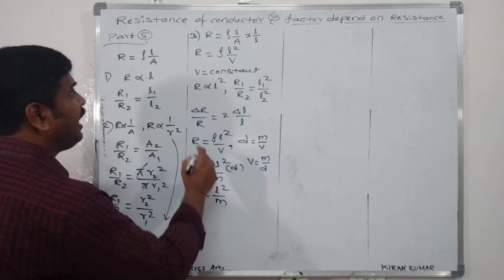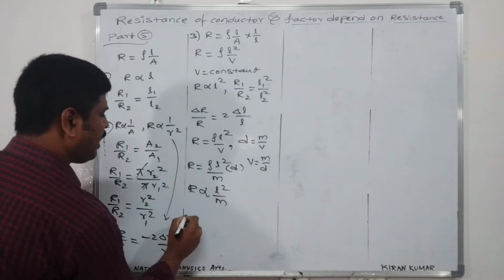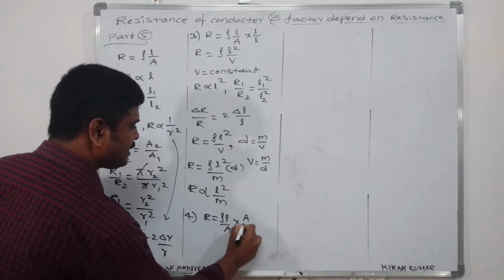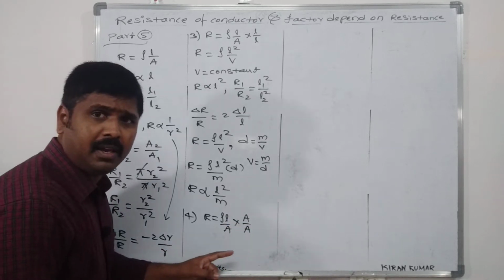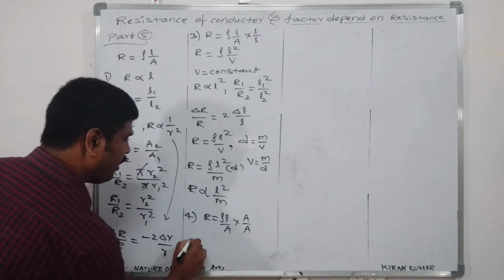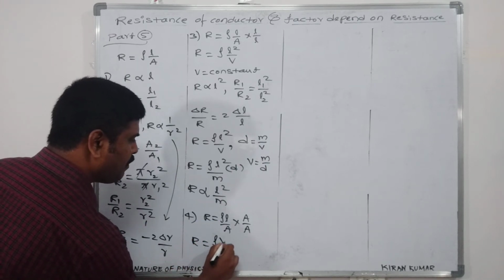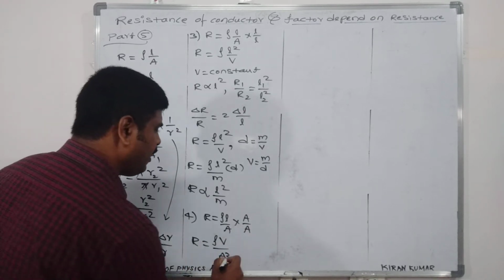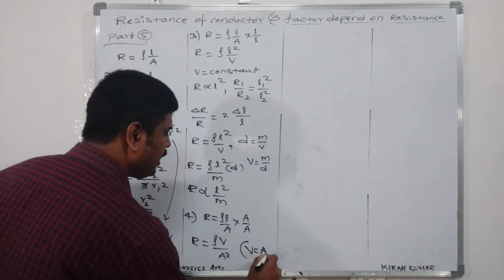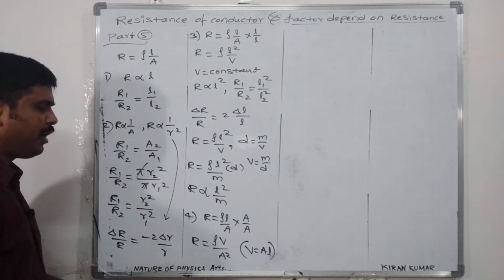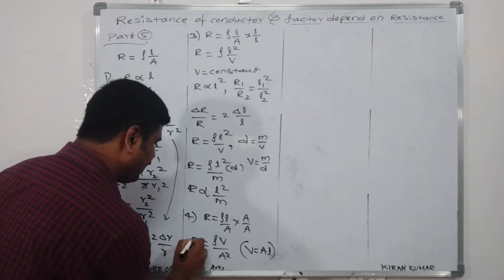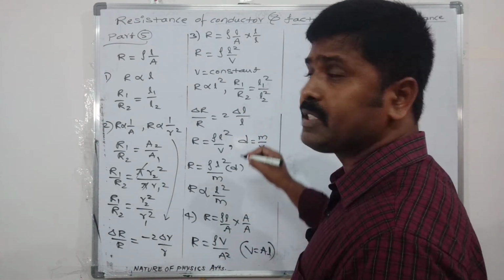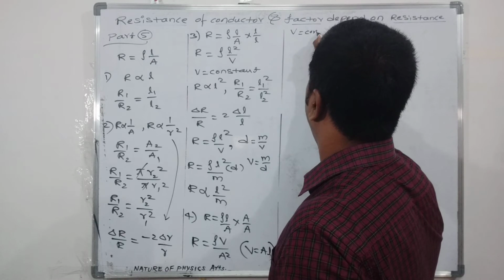See now continuation. Next one, I am going to write the same formula, that is fourth one. R is equal to rho L by A. In this multiplying and dividing with area. So here R is equal to rho L V divided by A square, correct, A square. Here volume is equal to, already we know, area into length. Here one thing we can clearly understand, resistance is inversely proportional to the A square, where volume is constant.